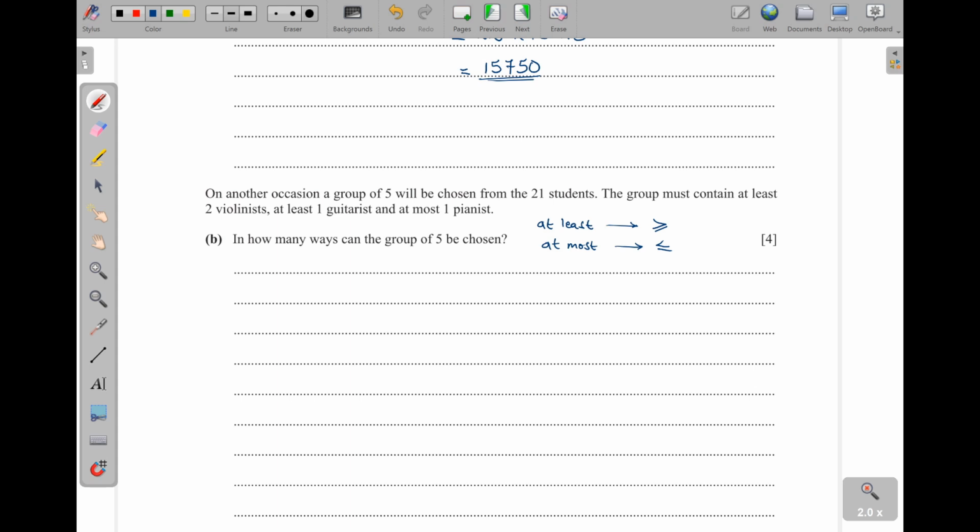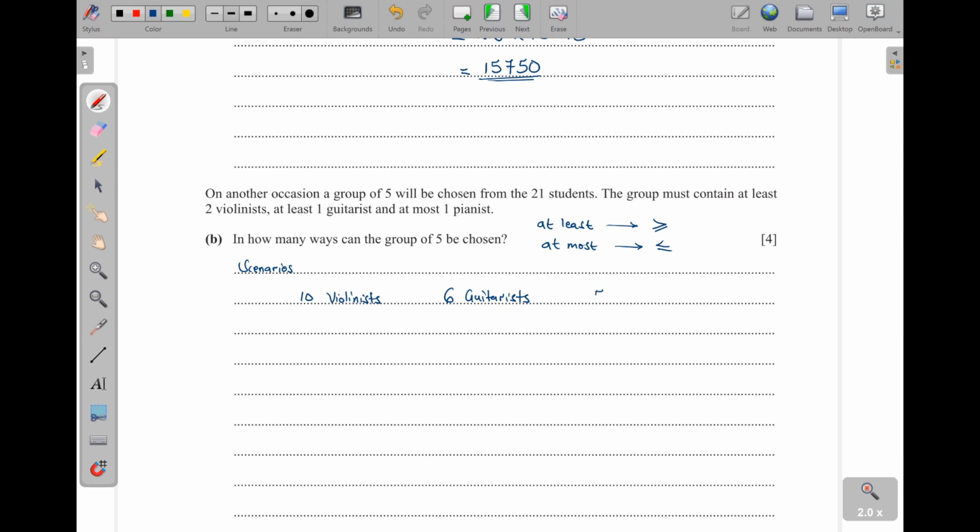Okay, now these are going to be our scenarios. So let's look into what is here. I can have the 10 violinists. Then we have 6 guitarists.